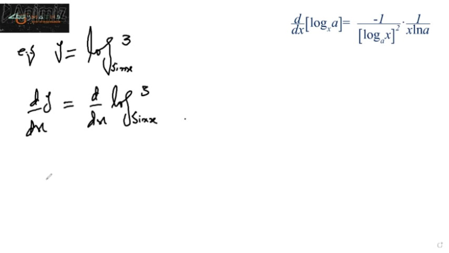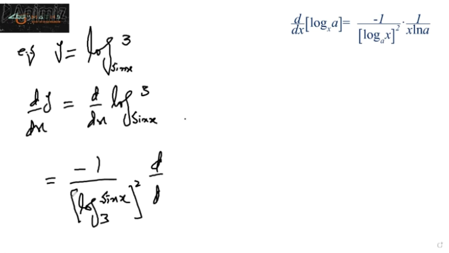According to this rule, we have negative 1 divided by the function log of sine x to the base 3 squared, and then the derivative of the function log of sine x to the base 3.